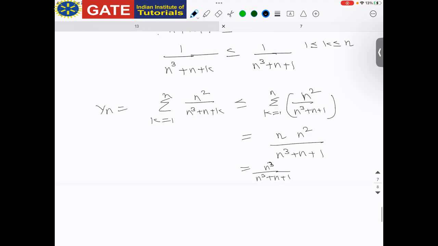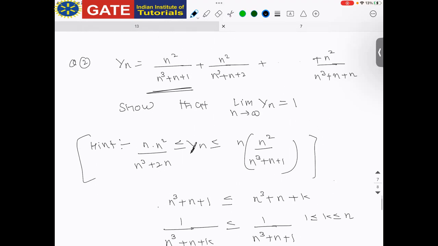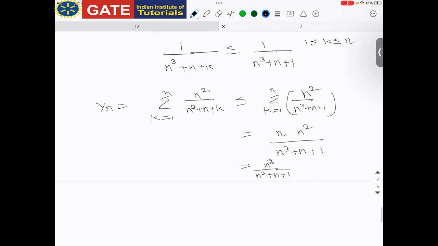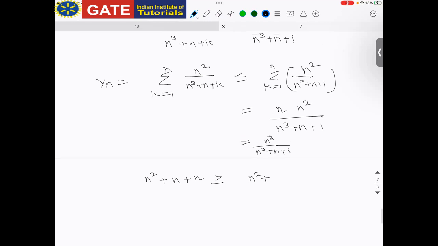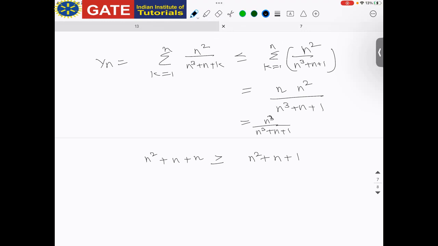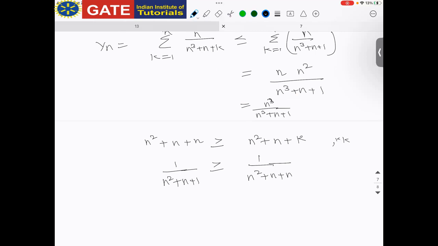Now for the other side, you write n cube plus n plus n is greater than or equal to n cube plus n plus k. Now 1 by n cube plus n plus k will be greater than or equal to 1 by n cube plus n plus n. But I should take k here, where k is between 1 and n.